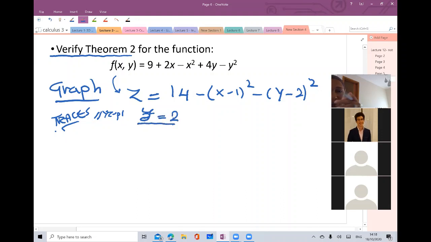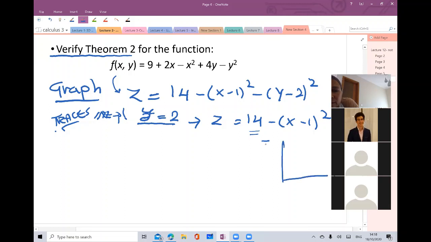So if I put y equal to 2, I'll end up with z equal to 14 minus (x minus 1) all squared. What does this mean? This is actually a parabola shifted up by 14. Now if I look at the XZ plane, it's a parabola shifted up by 14 and shifted in x by 1.